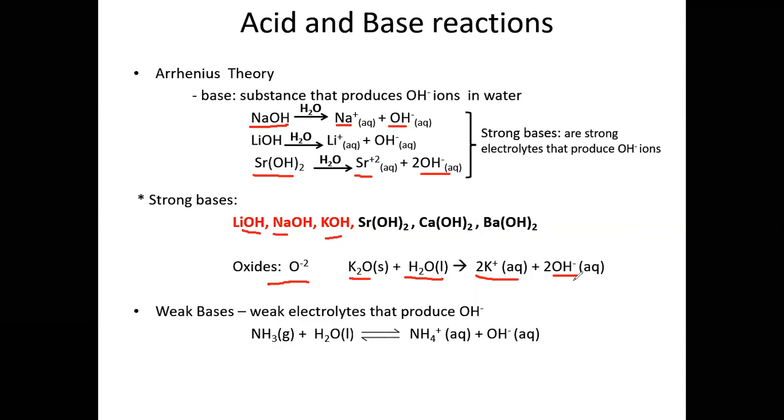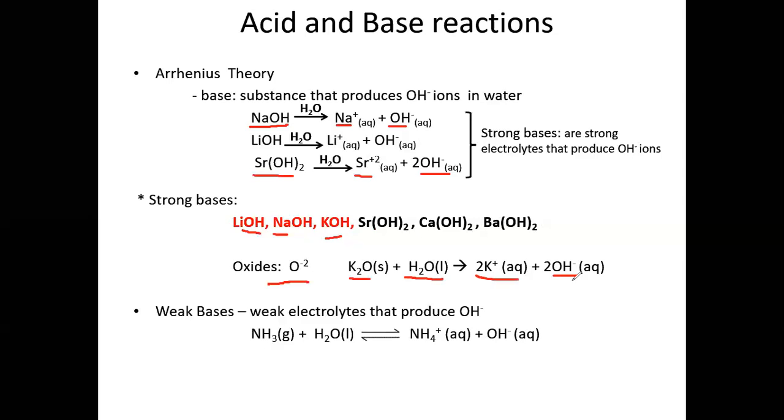Now with weak bases, these are generally going to be compounds that contain a lot of carbon and hydrogen, and they have a nitrogen atom present. A group of compounds with that type of formula are called amines. And so you may have heard of a common amine called caffeine.